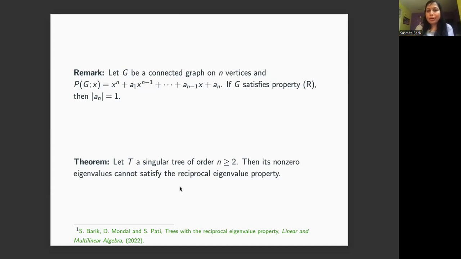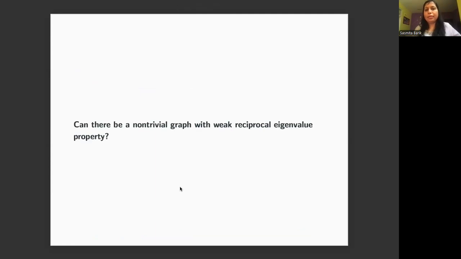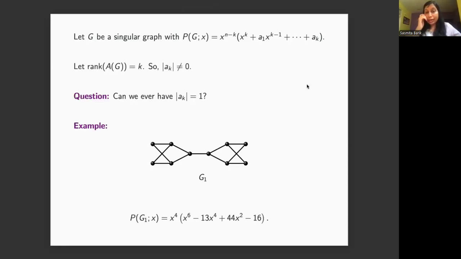Now, to move forward, we thought that maybe in the graph case it will happen. So we looked at the question: is there a non-trivial graph with the weak reciprocal eigenvalue property? Here again, if the graph is singular, then the characteristic polynomial will look like this, because some zero eigenvalues are there. Let's say n minus k zeros are there, where k is the rank of AG.